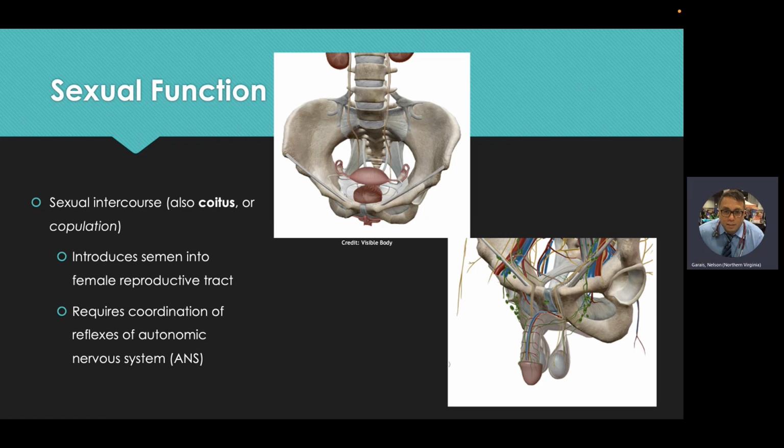Decreased. You should be relaxed. If you're tensed out, you can't have an erection. But what is also required? The ejaculation phase of sexual coitus or copulation requires the sympathetic nervous system, which is fight or flight, increased heart rate, that kind of thing.